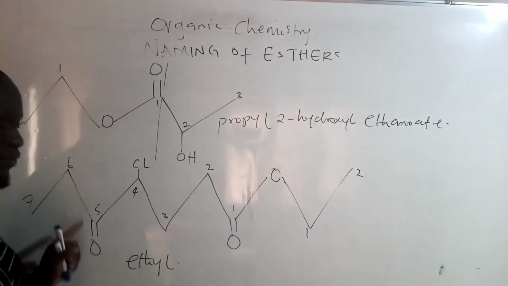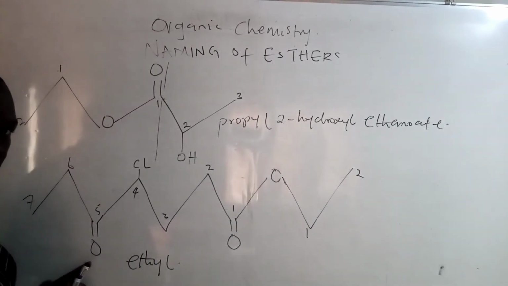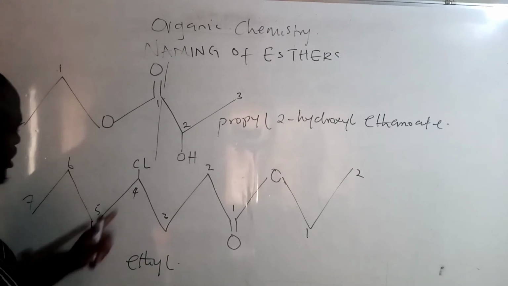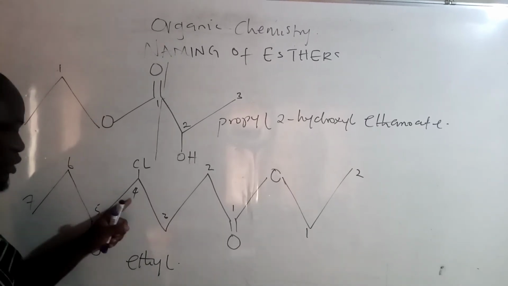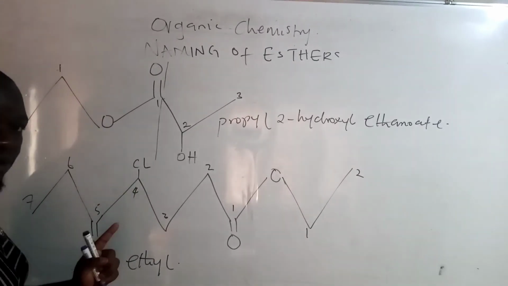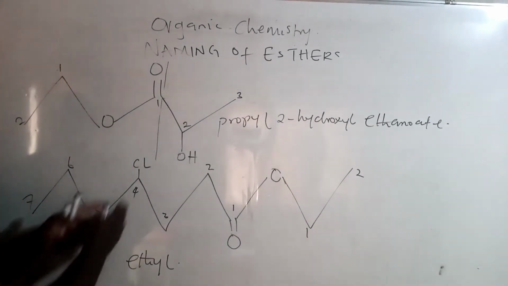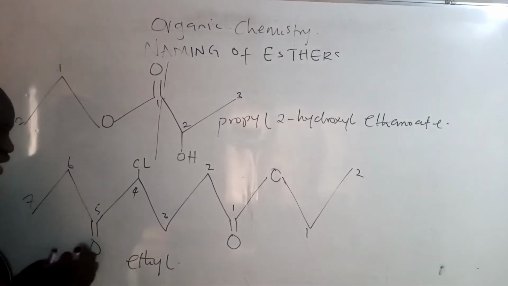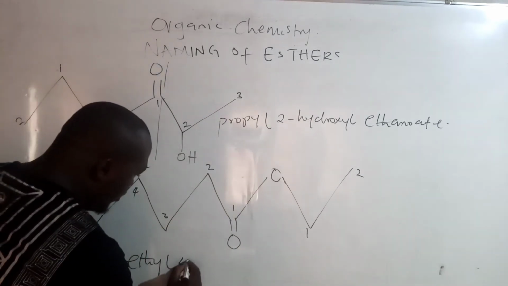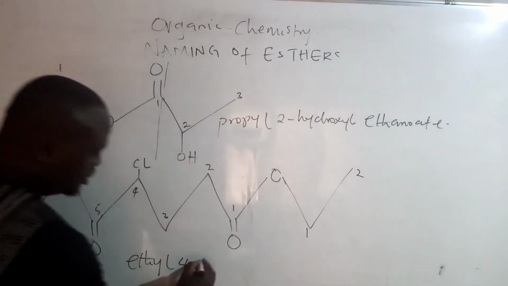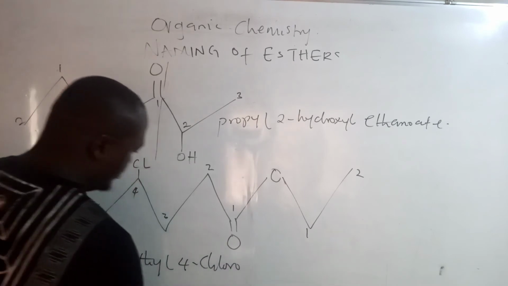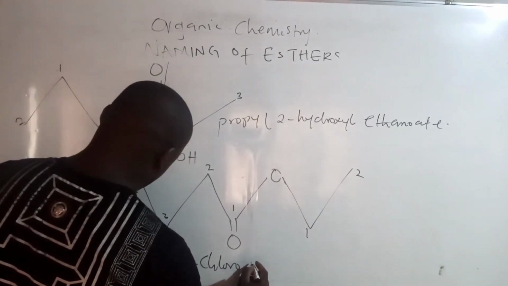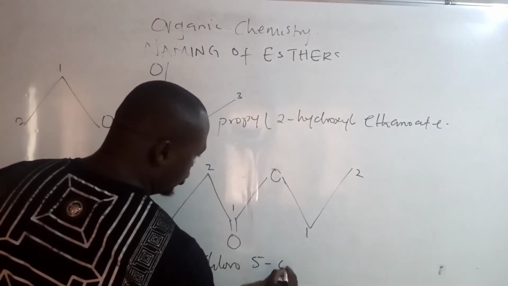So at this side, look at what is happening here. At carbon number 5, we have oxo. The name of this branch is oxo at carbon number 5. At carbon number 4, we have Cl, which is chloro. Now look at what is going to happen. I'm going to have to put chloro before oxo because C comes before O, right? So this will give me 4-chloro. Then this will now be 5-oxo.